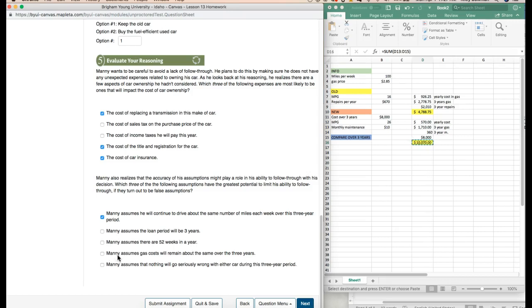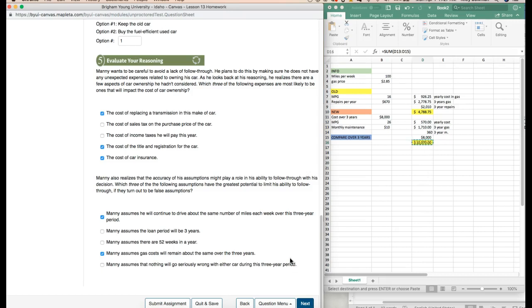The next one, Manny assumes gas costs will remain about the same over the 3 years. This is a very good assumption because there have been some spikes with things. So that one, I'm going to say it's pretty close. So I'm going to check it for now. The next one, Manny assumes that nothing will go seriously wrong with either car during this 3-year period.